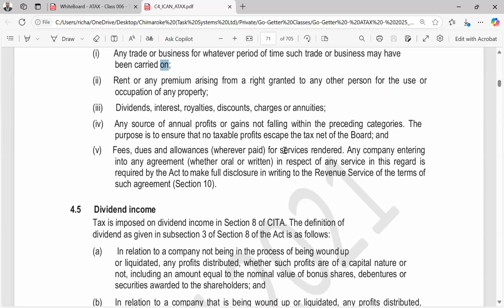So we have clothing allowance, feeding allowance, recharge card allowance, transport allowance, for whatever service. Any company entering into the agreement, whether oral or written. So don't say there is nowhere it is written. If it is oral understanding, it stands.